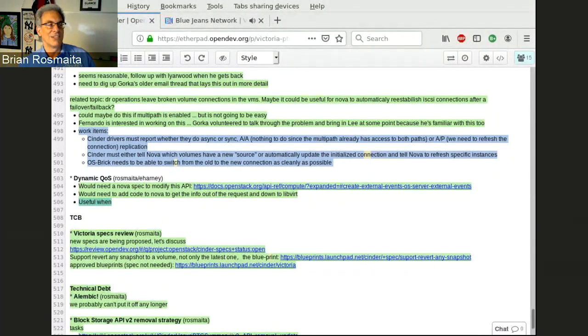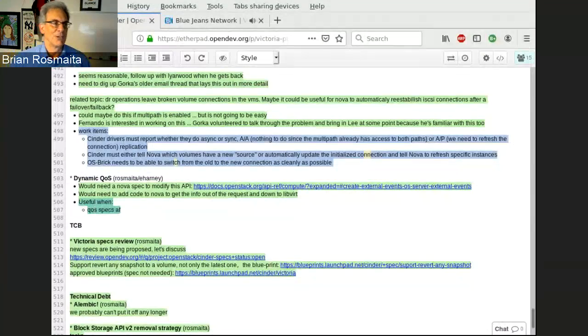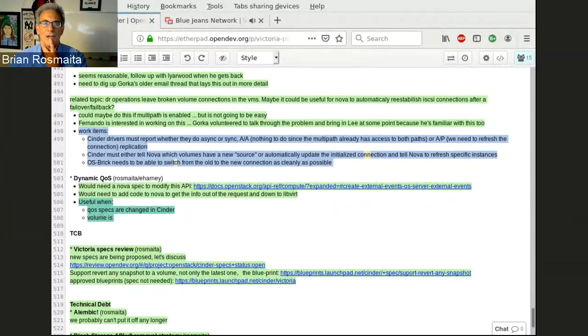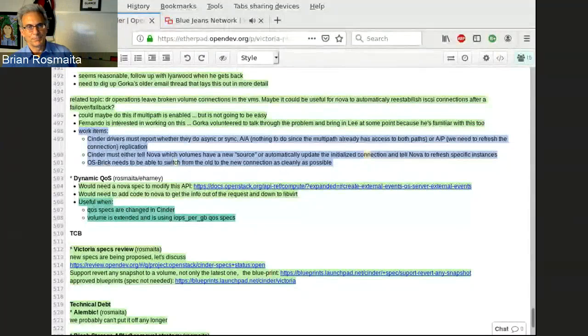They're not against this idea at all, but there's nobody on the Nova side who's just itching to implement this. So we'd have to have a Nova spec to change the API to get the information that we need over there. And then we'd have to add the code to Nova that would get the information out of the API request and get it down to libvirt where it can actually affect the QoS.